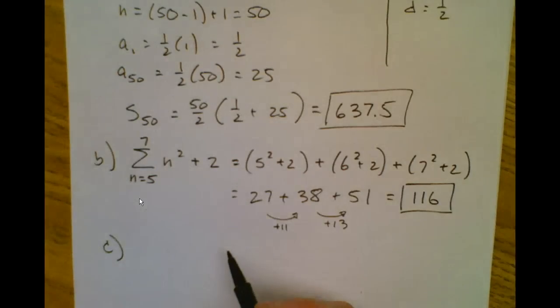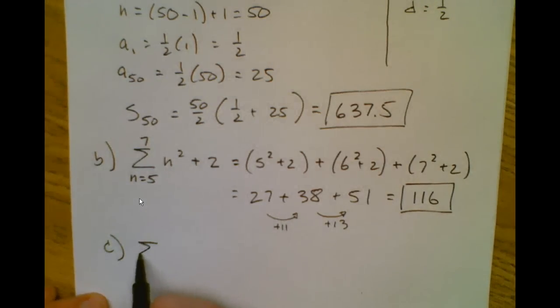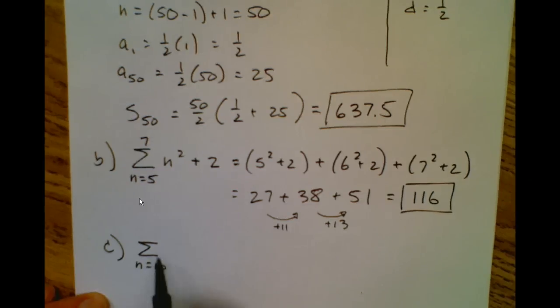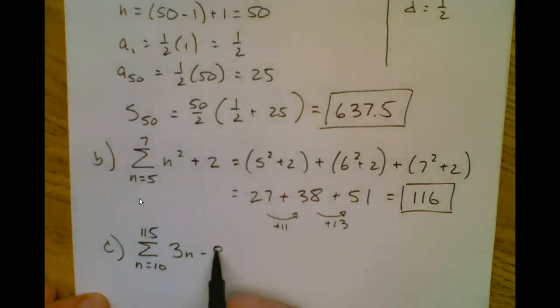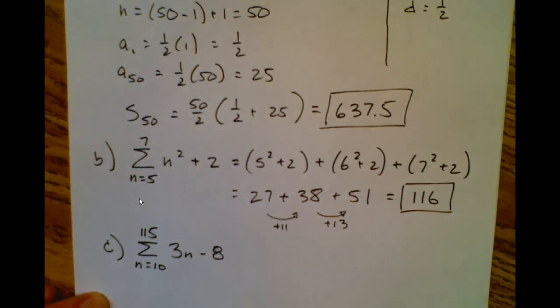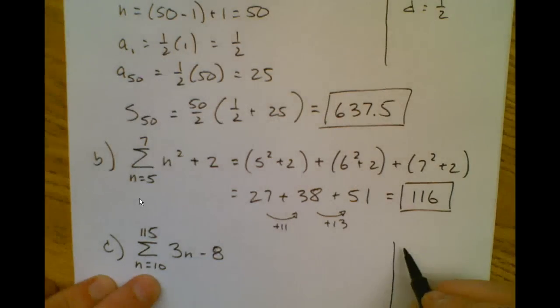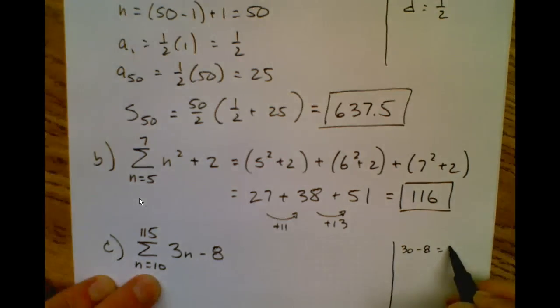Alright, part C. Let's say we have the sum as n goes from 10 to 115 of 3n minus 8. So let's take a look at the first few terms. When I plug in 10, I'm going to have 30 minus 8, which is 22.